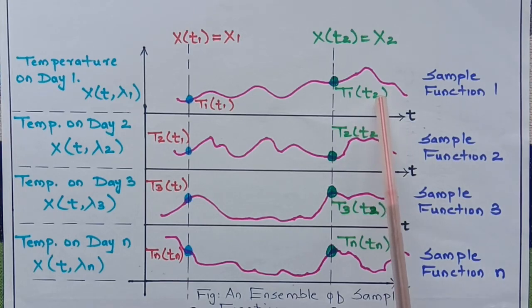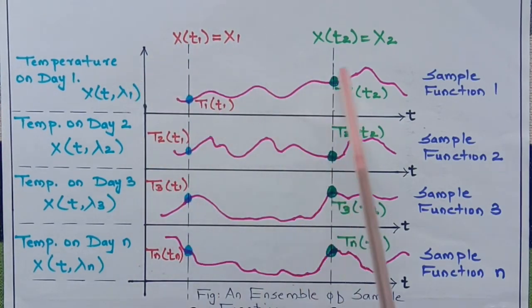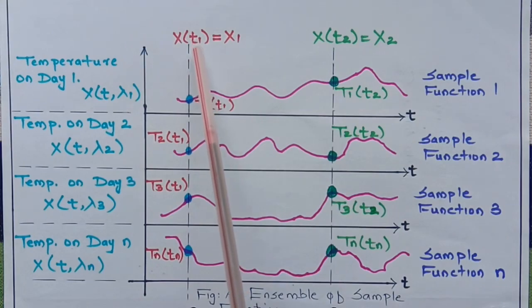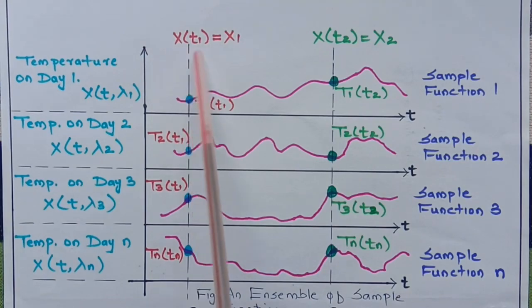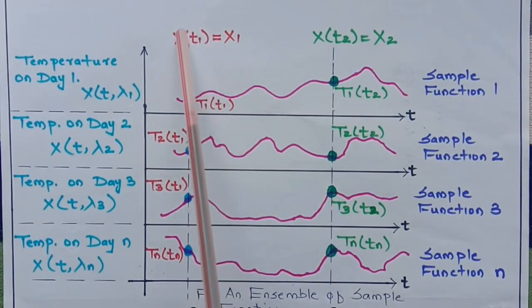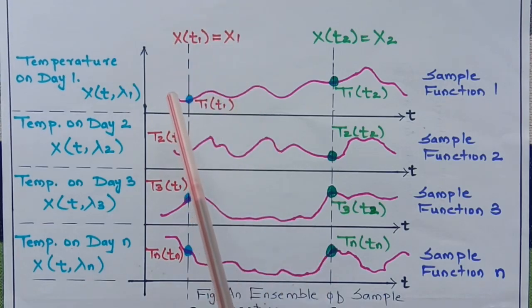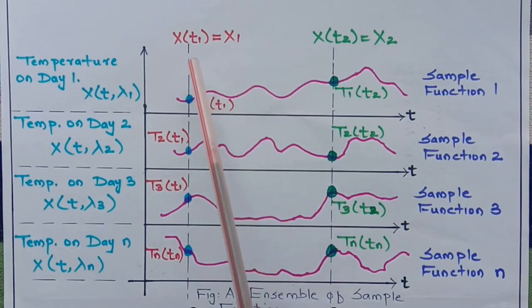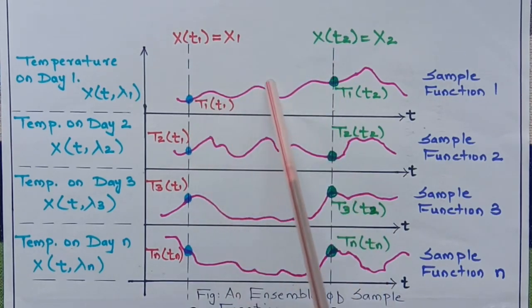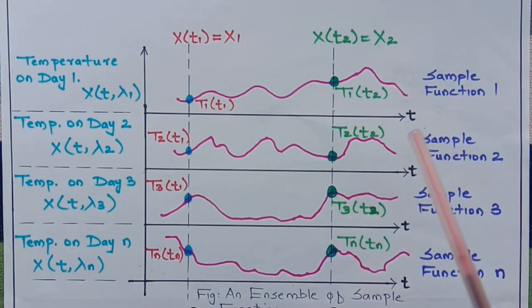So hope you got the relationship between random variable and random process. Remember, this is a random process, but at a particular instant, say t1, if I take the reading, it becomes a random variable. As you know, the mapping of sample points on a real line is a random variable. But the mapping of sample points on this waveform is called random process.